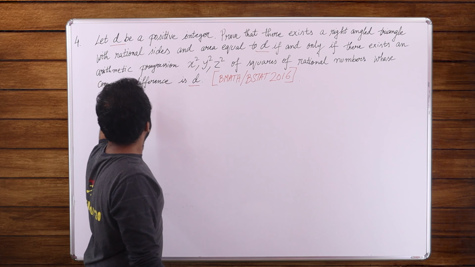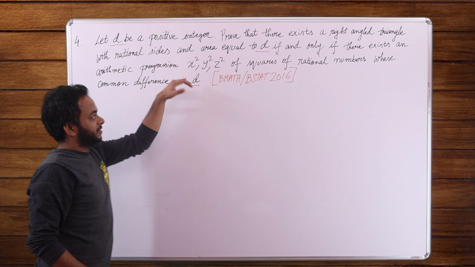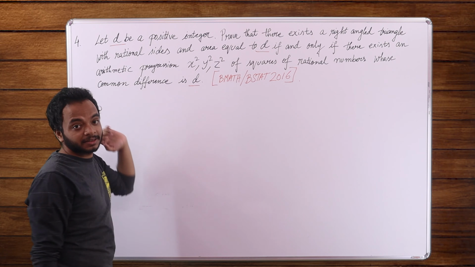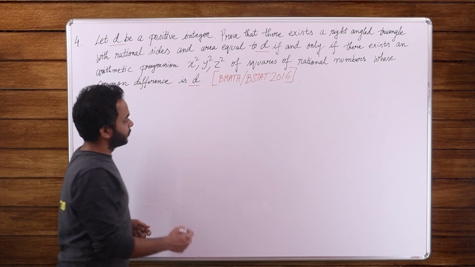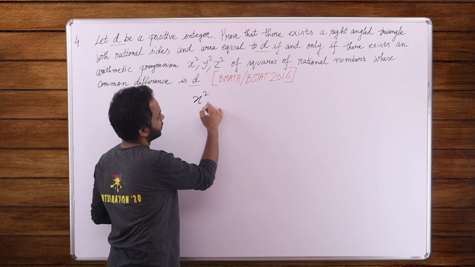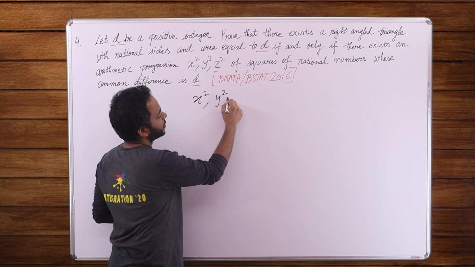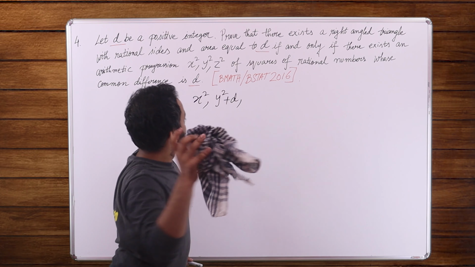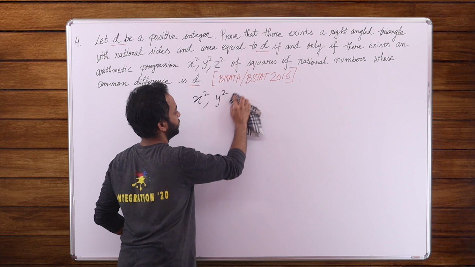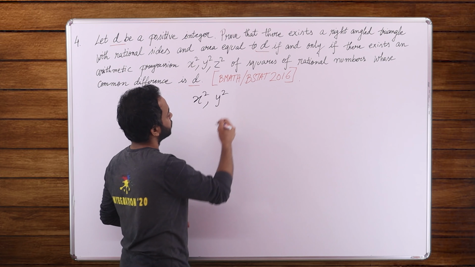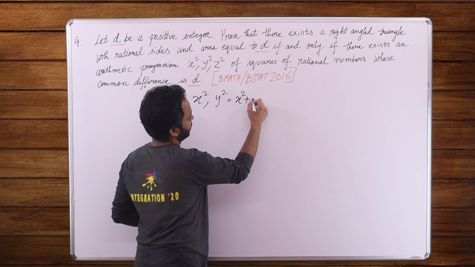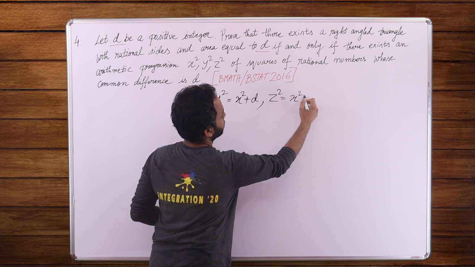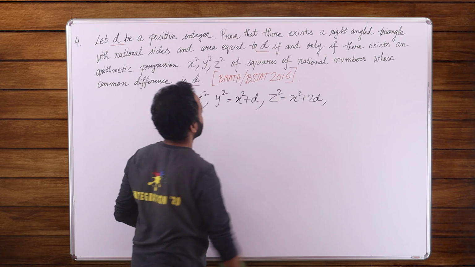If there exists an arithmetic progression x square, y square and z square of rational numbers whose common difference is d, then y square has to be x square plus d and z square has to be x square plus 2d.